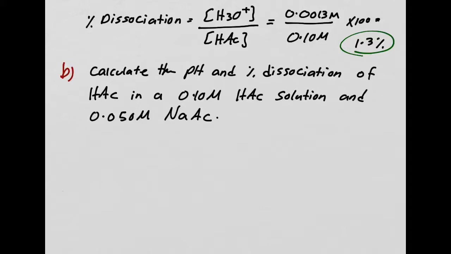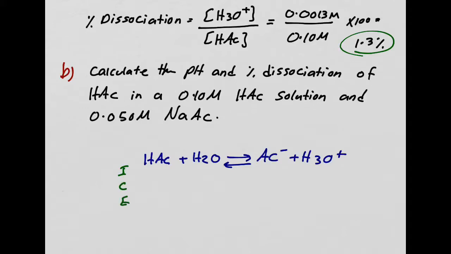So, we're still talking about acetic acid. I'm asking for the pH and dissociation of acetic acid in this solution. So what I'm going to do, I'm going to write down HAc again, and it would go back and forth, equilibrium, Ac minus, and this one, you already know how to do this. Again, this is a weak acid. I have an equilibrium.